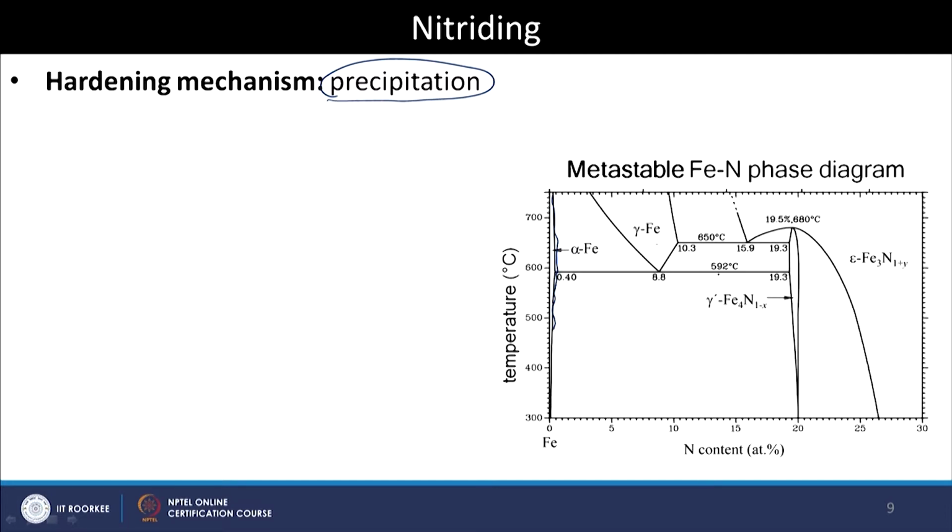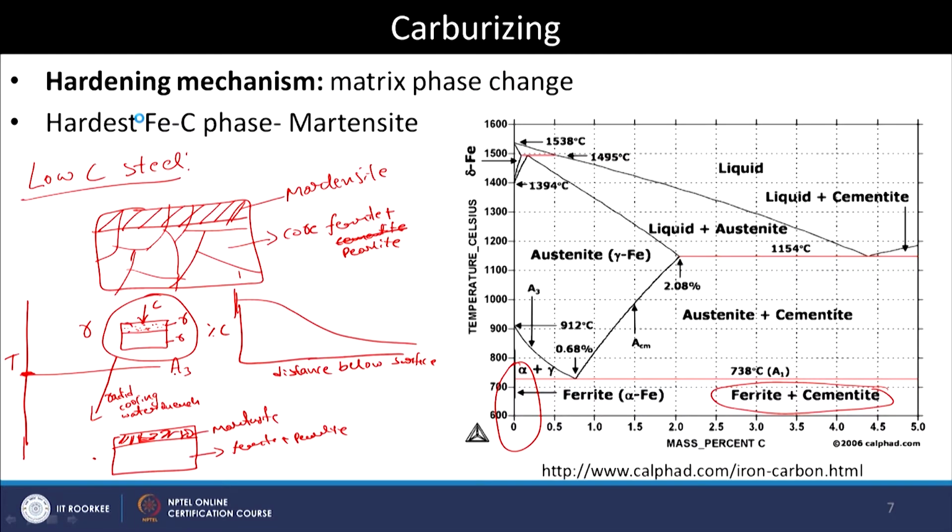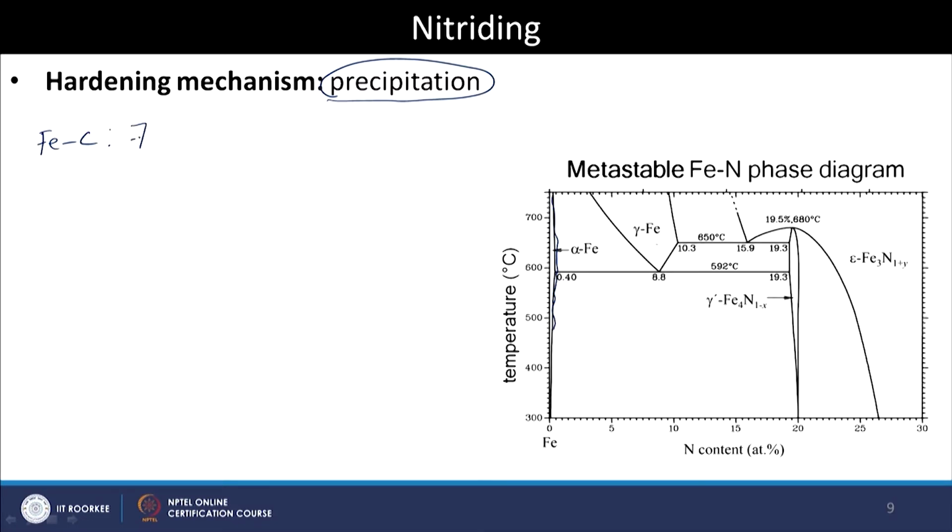For the iron carbon system, 738 degrees Celsius is the eutectoid temperature, right. Whereas for the iron nitrogen system, this eutectoid temperature is 592 degrees Celsius, right. Because of this, the carbon eutectoid is higher than the eutectoid temperature of nitriding.